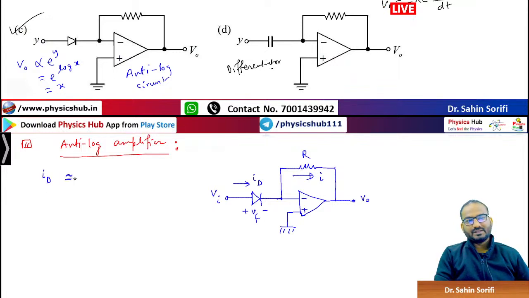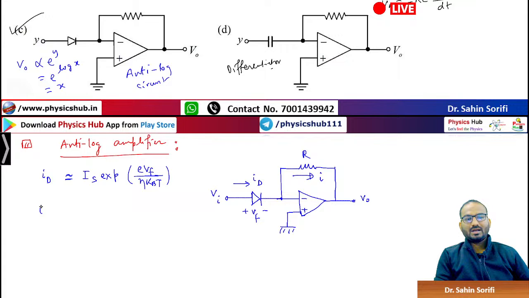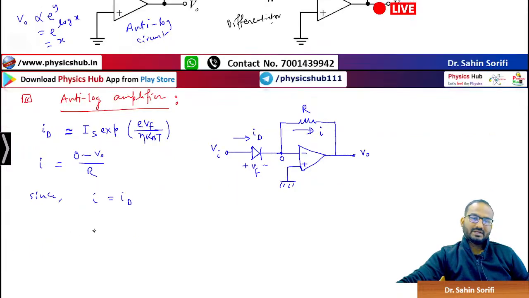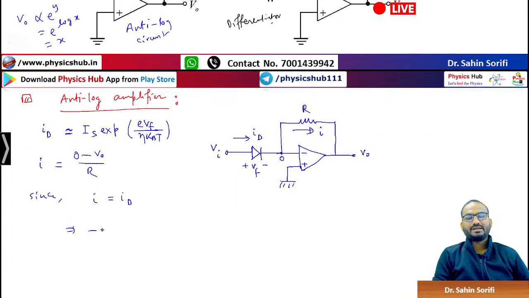You can approximately write it as IS exponential VF by eta Vt, given I is equal to 0 minus V0 by R. Since the same current flows through the diode and the feedback resistor, I equals ID, which means minus V0 by R equals IS exponential VF by eta Vt.